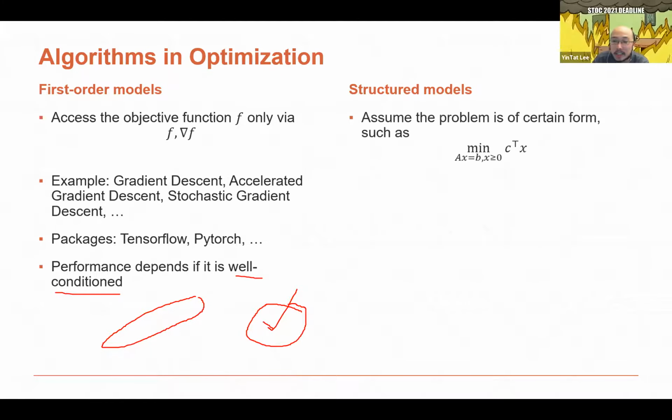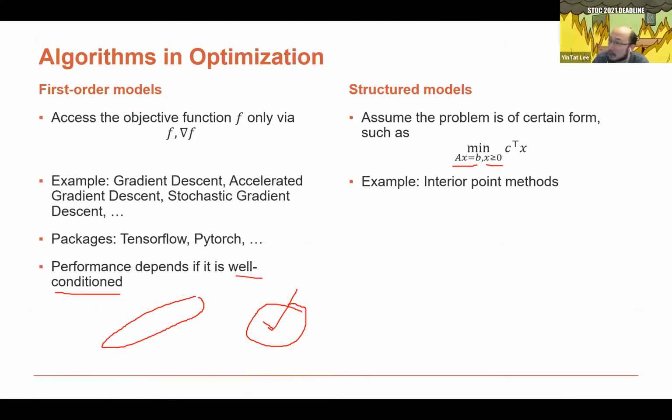And for optimization, people also study structured models. For example, one particular model people study is this: you optimize a linear function over linear constraints with an inequality constraint. Those are linear programs.